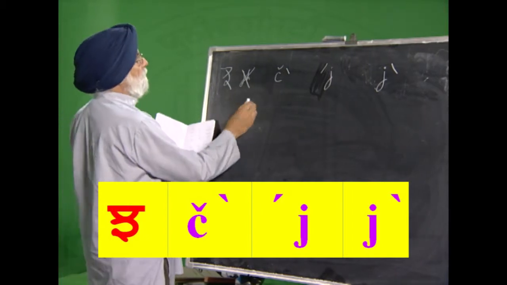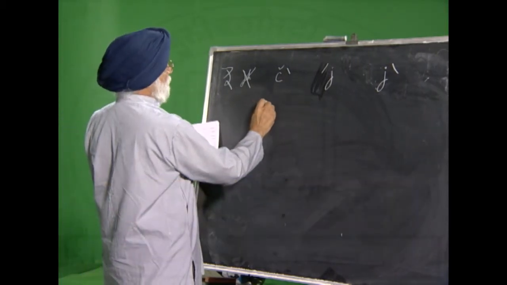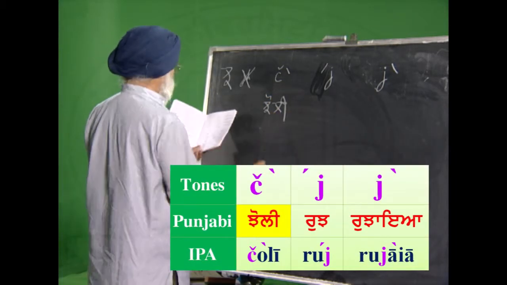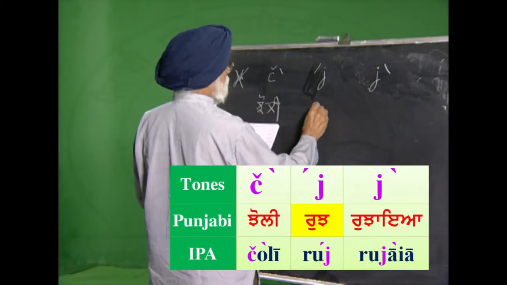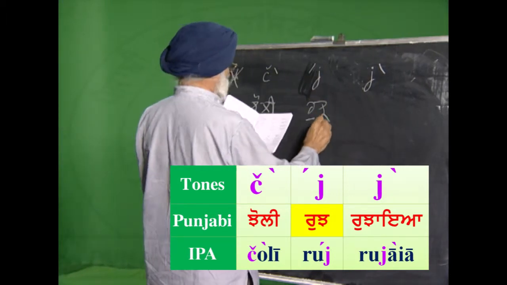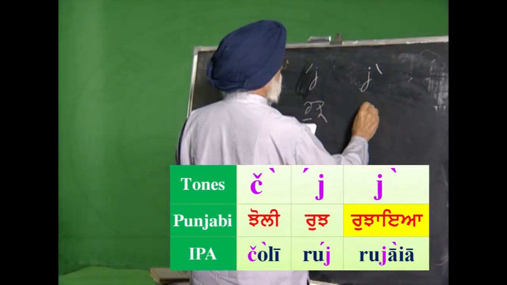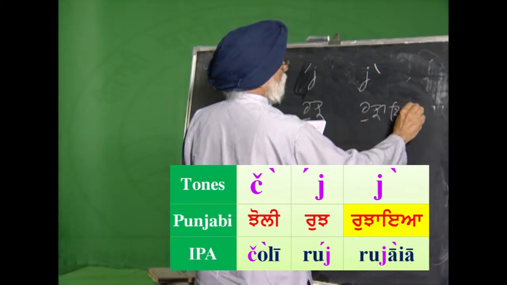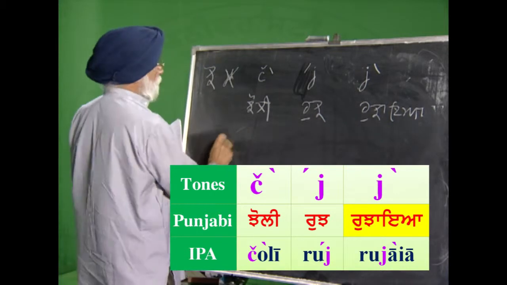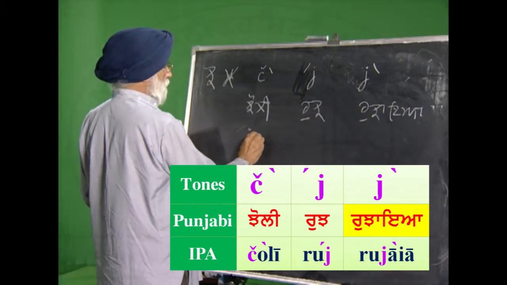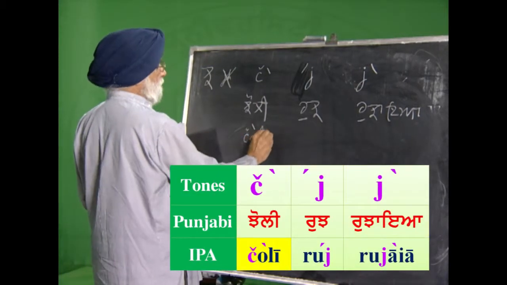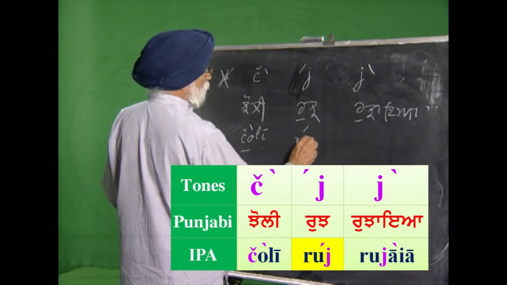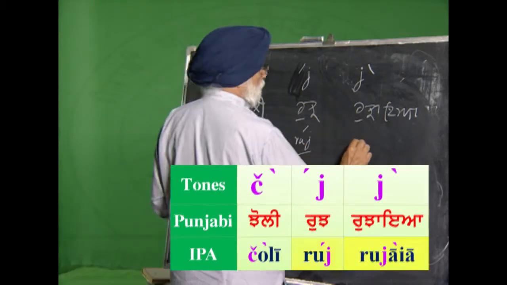And you have then examples, first choli, ruj, rujaya. See, you have this choli, ruj, and rujaya.